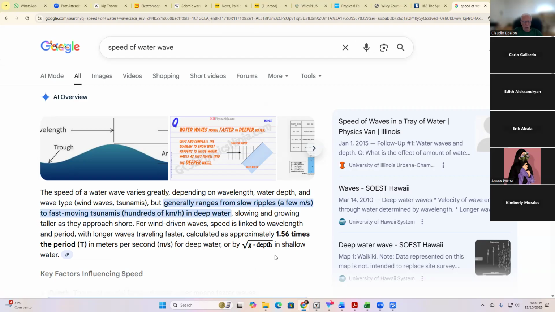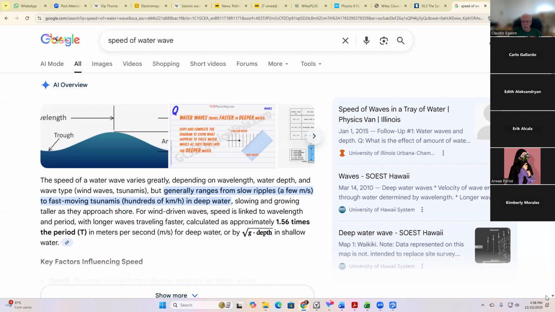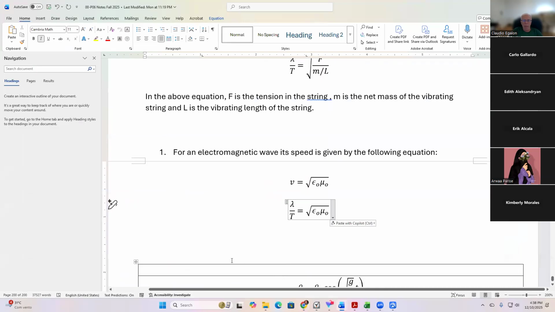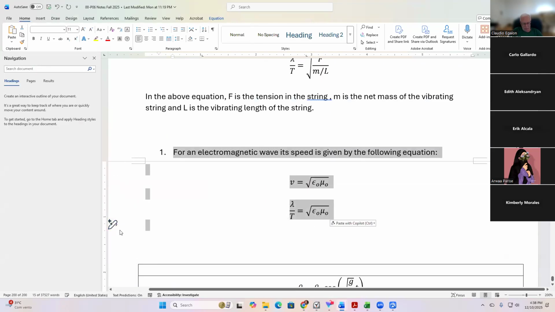For shallow water it is the square root of g times the depth. Okay? I'm going to copy that.